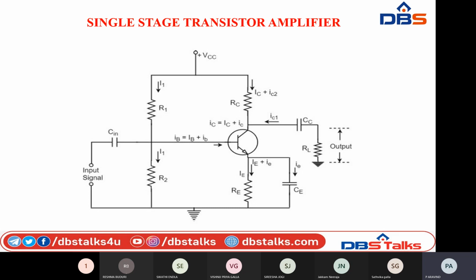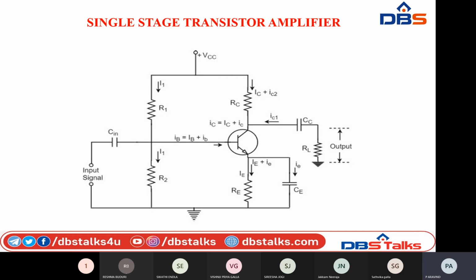If Cin is not present, then the applied input signal gets directly applied, which changes the bias at R2. The purpose of the input capacitor is to couple the input signal to the base of the transistor. Otherwise, if there is no Cin, the input signal gets directly applied, which changes the bias at resistor R2.